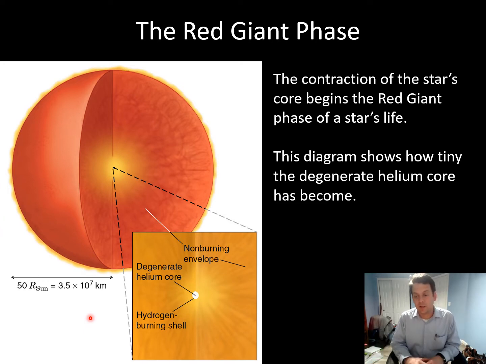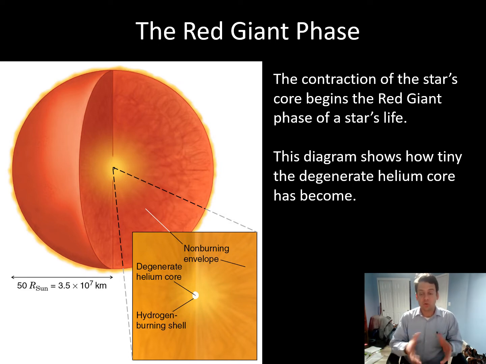So if you've heard of a red giant, certainly we've referred to them in the context of the HR diagram. This is what a red giant is. It's a star that has moved off the main sequence because all of the hydrogen in the core was exhausted. And so you can see now in this sort of scaled diagram over here on the left side that now the core is really tiny compared to the rest of the star. I mean, it's always a small part of the star, but now that the outer part of the star has ballooned out to such a degree, and that at the same time the core has collapsed, it's really extremely small.